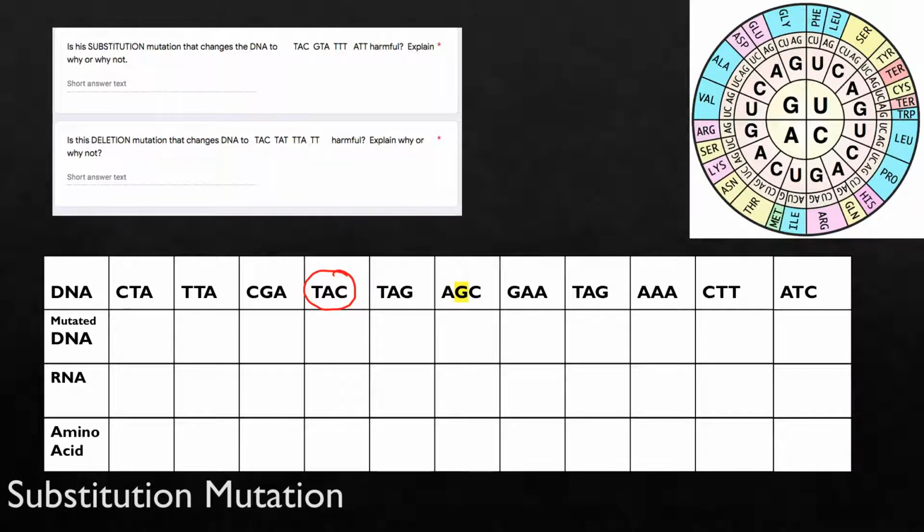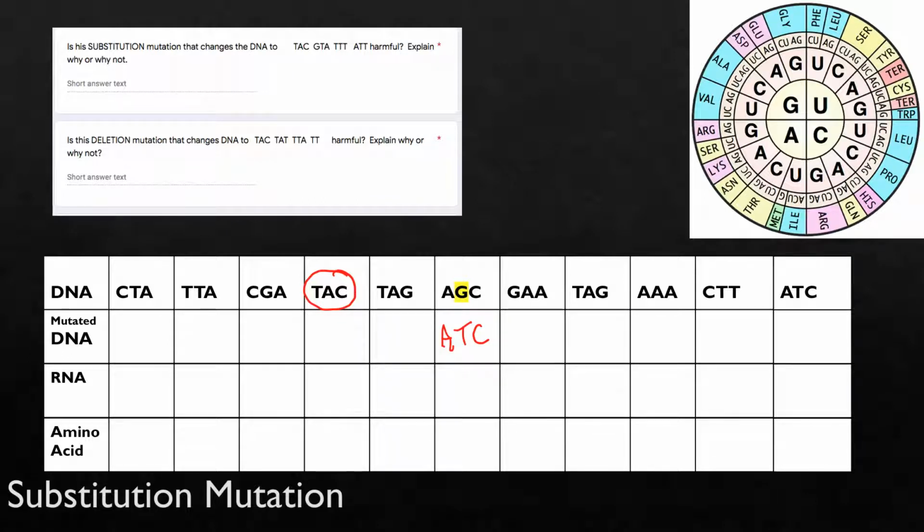And then down here, let's say that something happened, like during replication, that a particular base was inserted and it wasn't guanine. So let's say that instead it was a TC. Okay, so now we have a new base that's been inserted here. And so what would the RNA be?